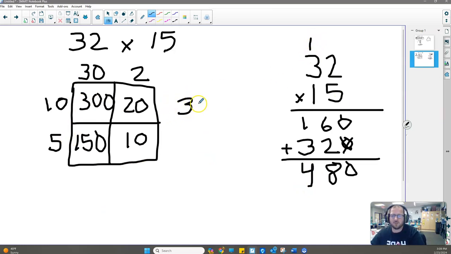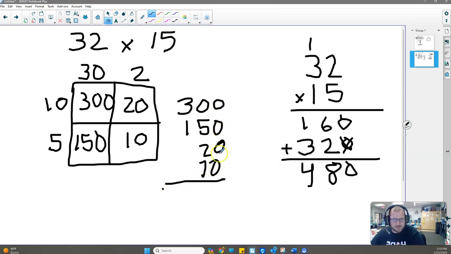So we just take those 4 numbers. 300, add 150, add 20, and add 10. That looks like 70. Just go with it. 0 add 0 add 0 add 0 is 0. 5 add 2 add 1 is 8. And 3 add 1 is 4.